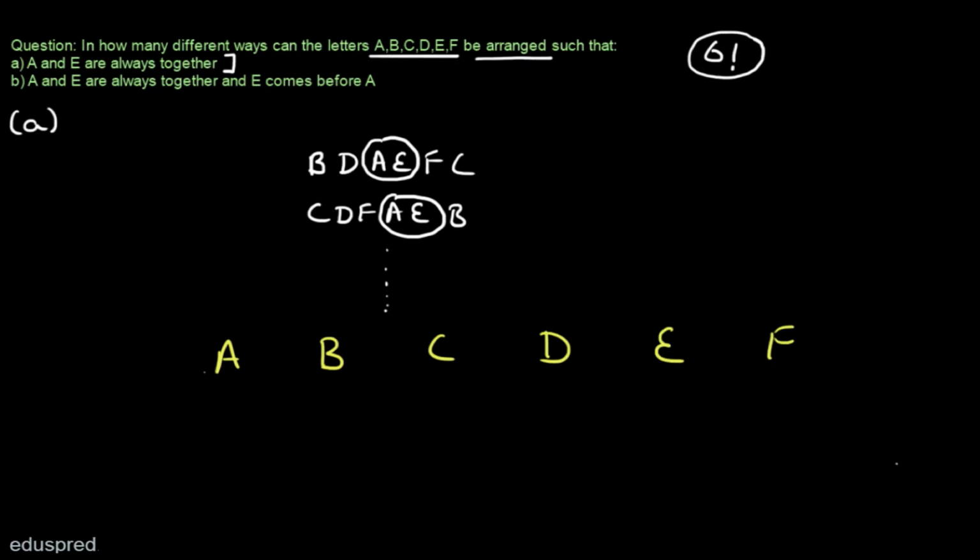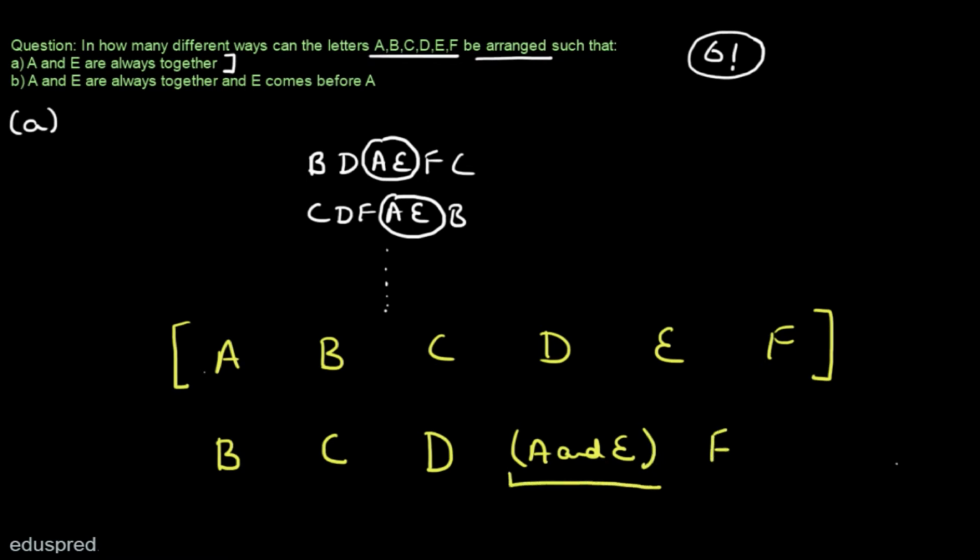So instead of these 6 different letters, what we have are these: B as one letter, C as one letter, D as one letter, A and E as one letter, and F as one letter. I have combined A and E and I'm going to treat them as one element.